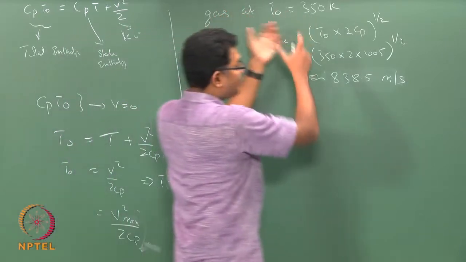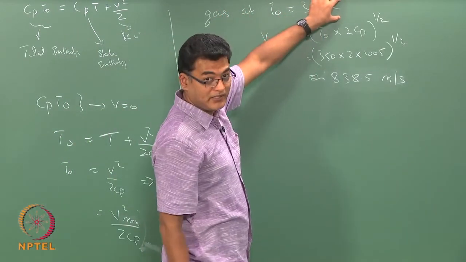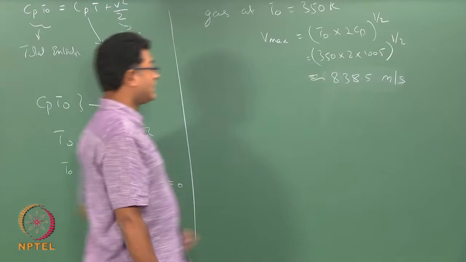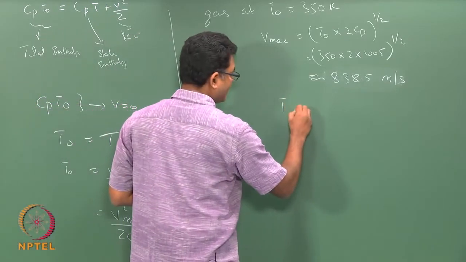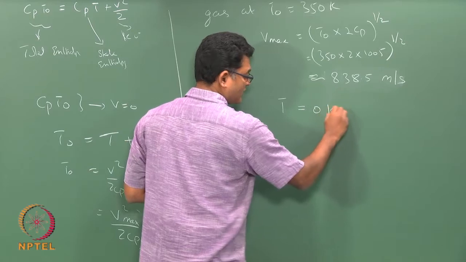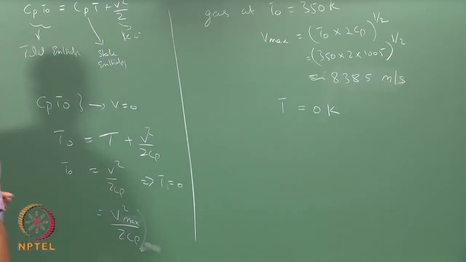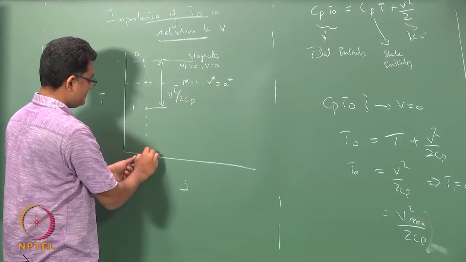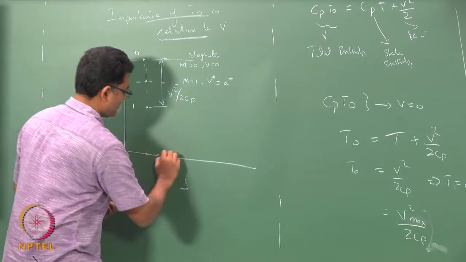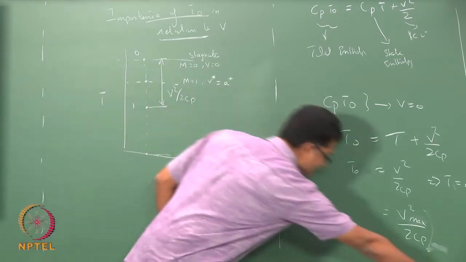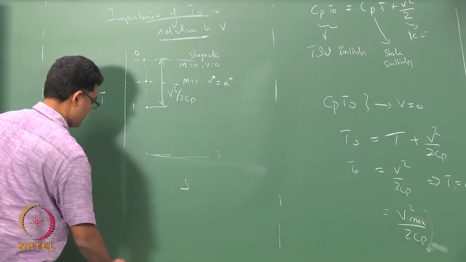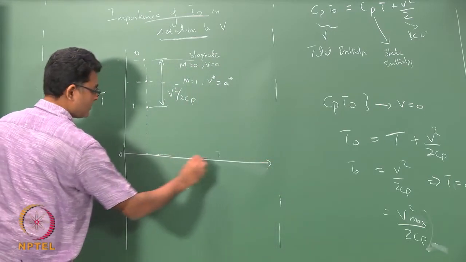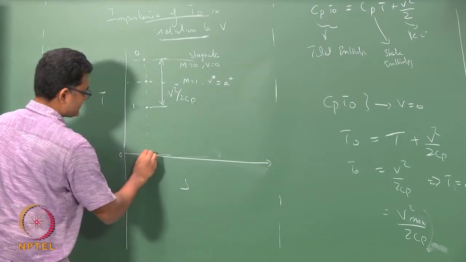So, the total enthalpy of this gas is this multiplied by Cp, and that is converted completely to kinetic energy, this is the velocity. And in the process your static temperature reduces to 0 Kelvin, which means in the Ts diagram here, that state is somewhere here along the axis where this is 0, my state is somewhere here on the axis.